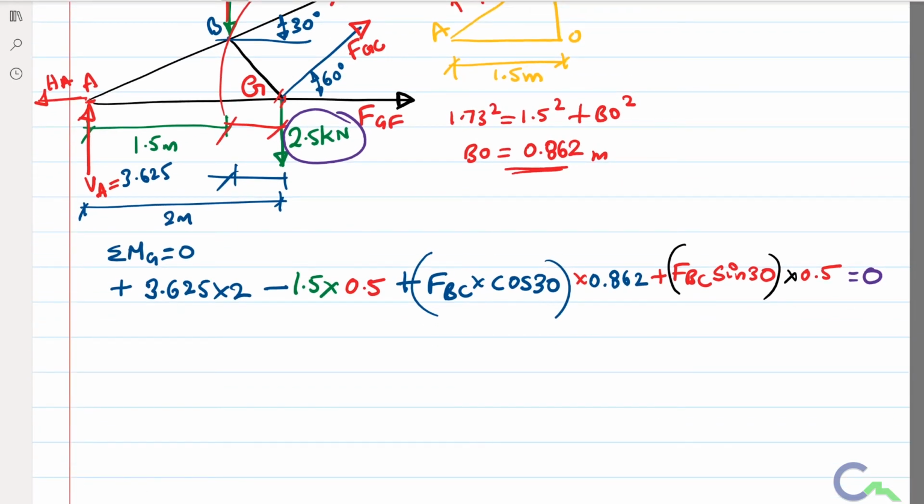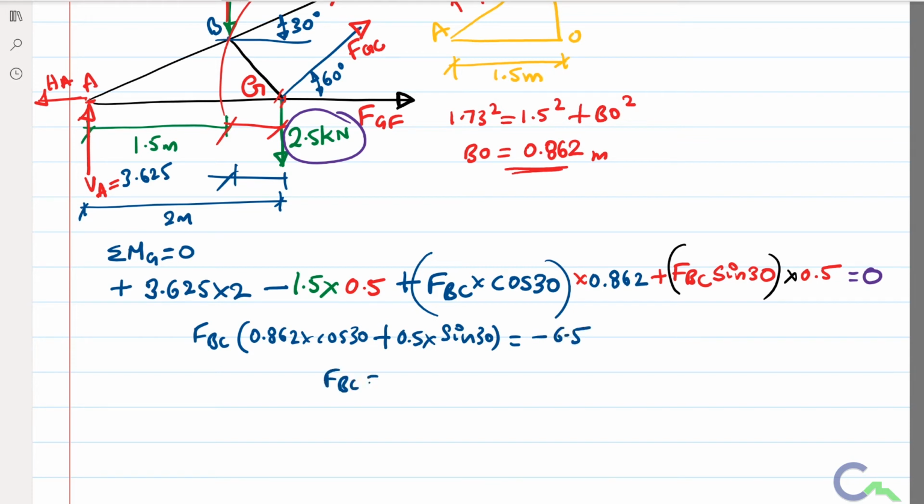So I am going to simplify this equation. I will take FBC as common, therefore 0.862 into cos 30 plus 0.5 into sin 30 is equal to, so we'll get minus 6.5.